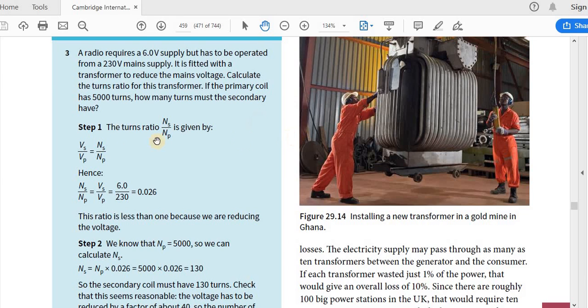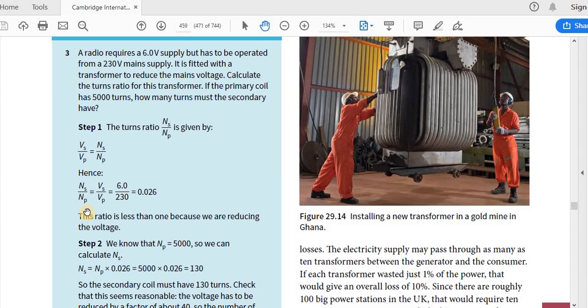Okay. So we have Ns over Np. Then you can use this formula. Vs over Vp equals Ns over Np. Then Ns over Np equals Vs over Vp. Either way you can write it, and write it in the way that is easier for you. Now in this case we are supposed to find Ns.